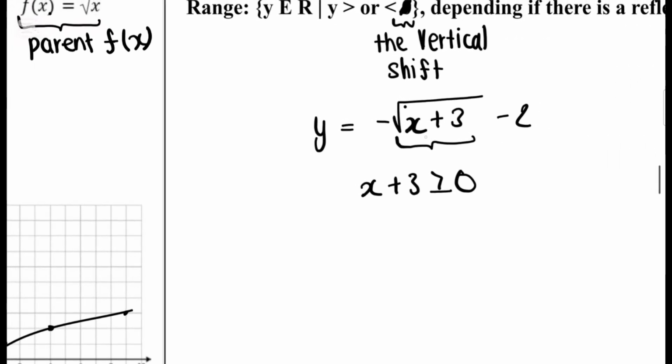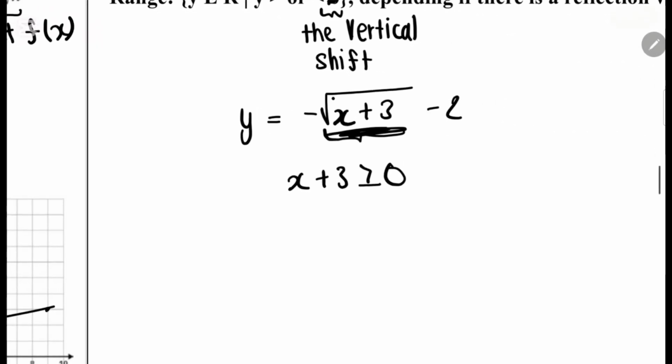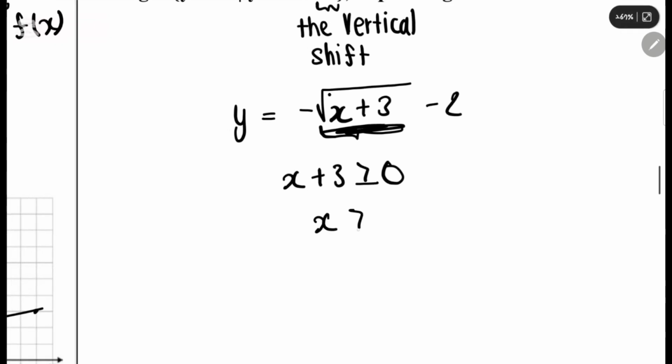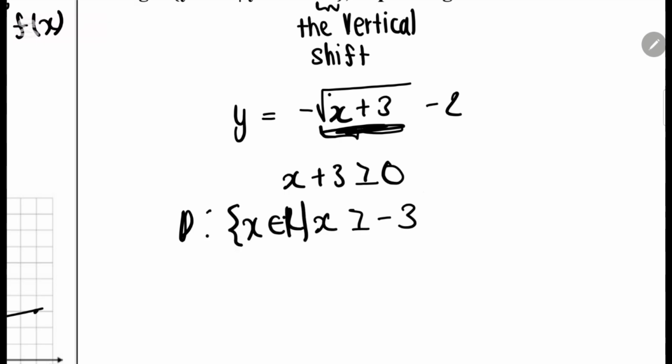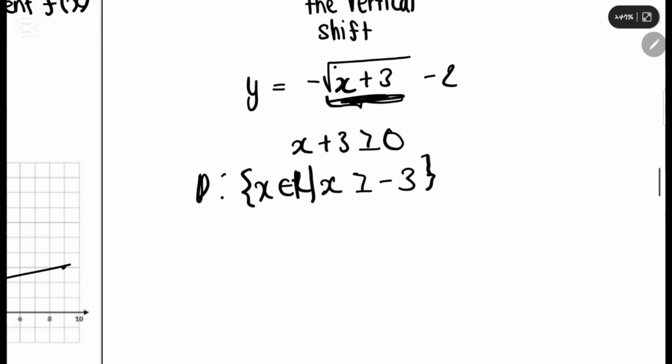So you set the whole thing inside the root larger or equal to 0, you solve for x. So that's your domain right there. The domain is x ∈ ℝ such that x is larger or equal to negative 3.